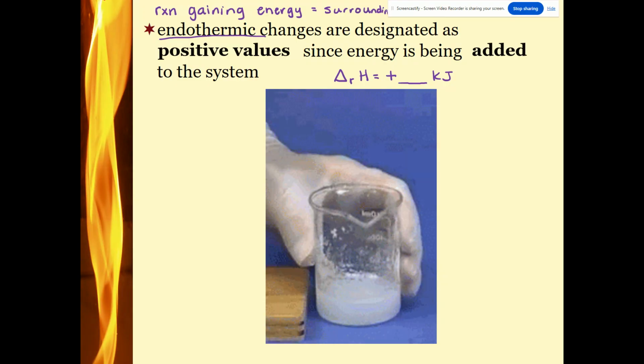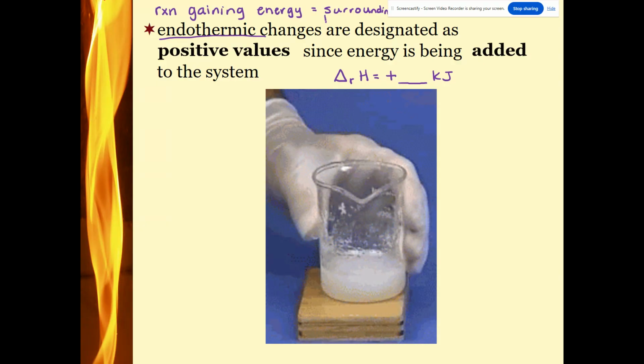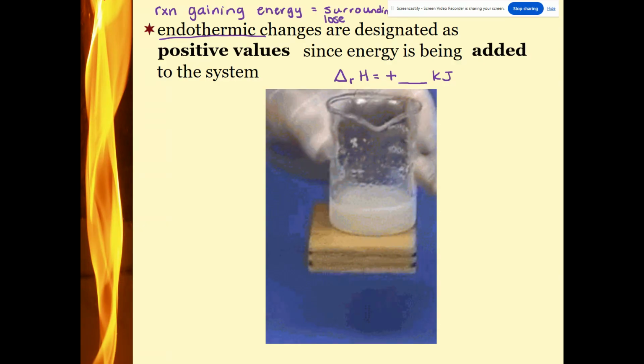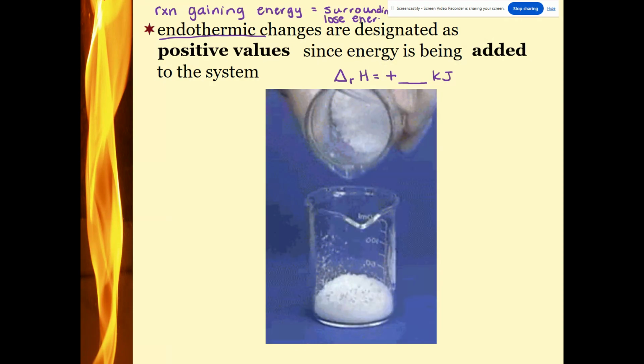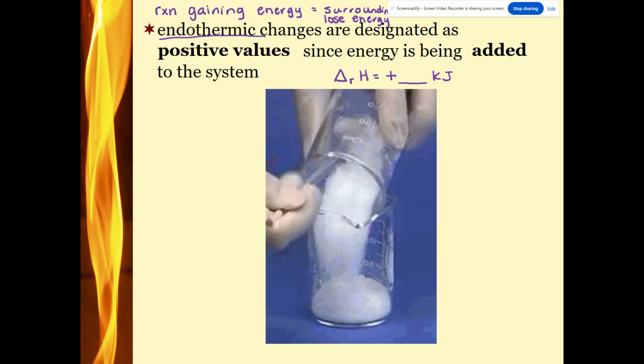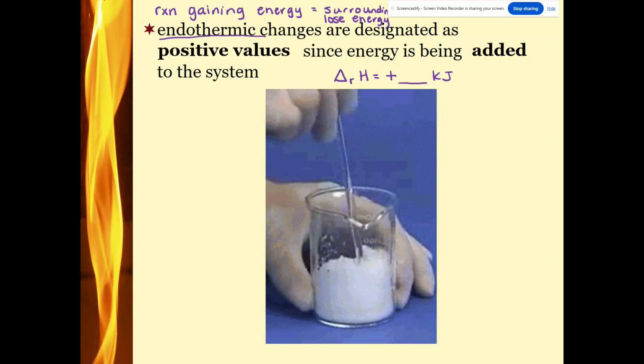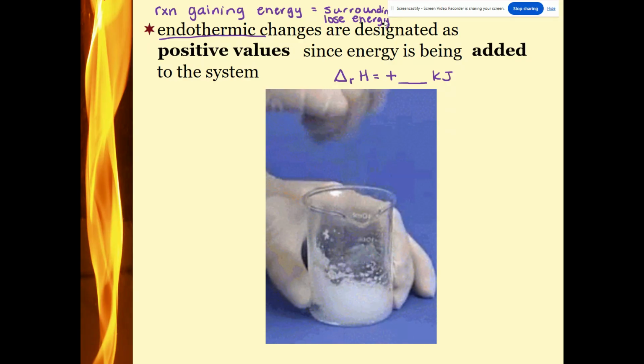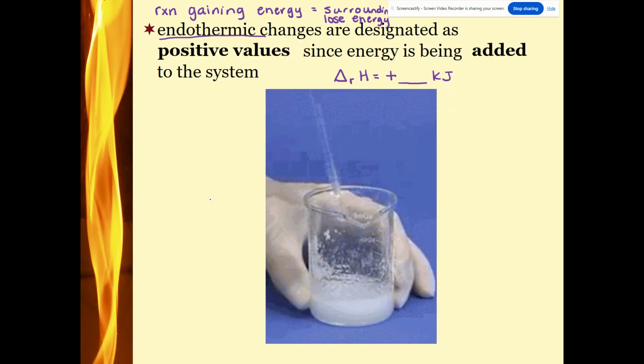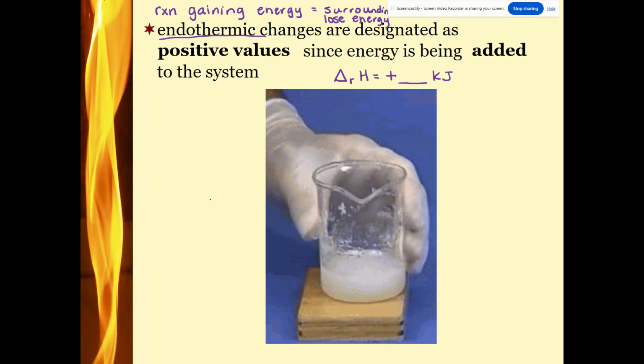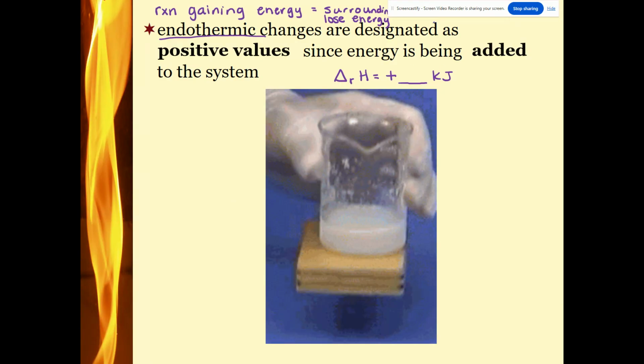The surroundings, again, could be your hand, could be whatever air is surrounding it. And later on, we're going to actually use energy measuring devices that use water to show what's happening in a chemical change. Okay, so even though the reaction is gaining energy, the surroundings is losing energy.